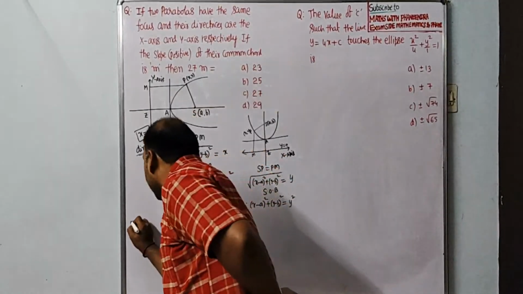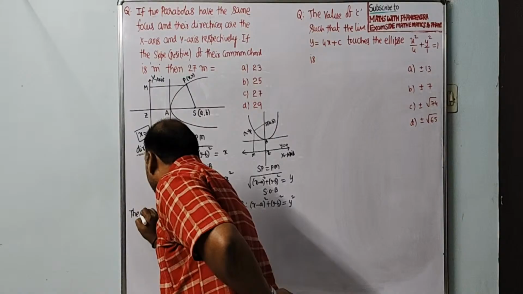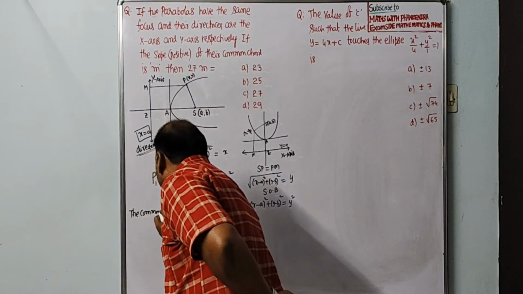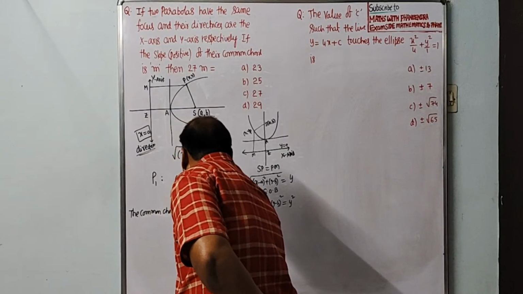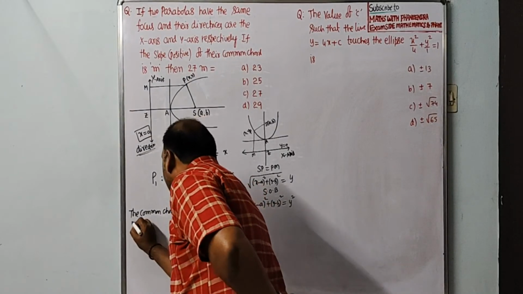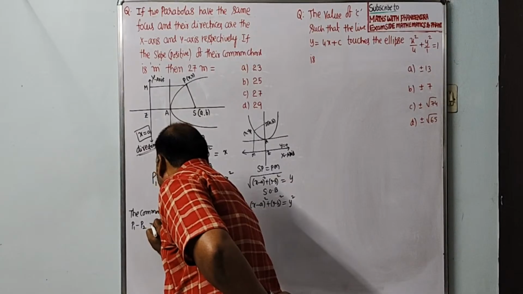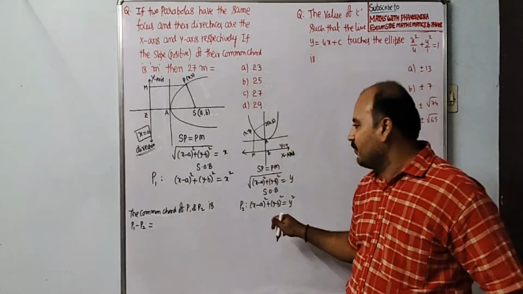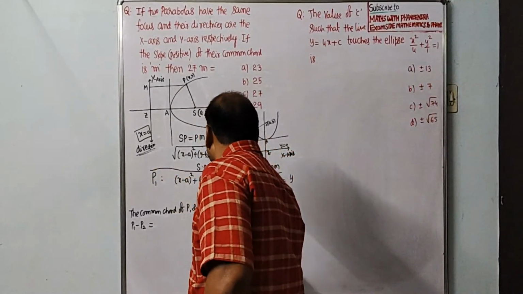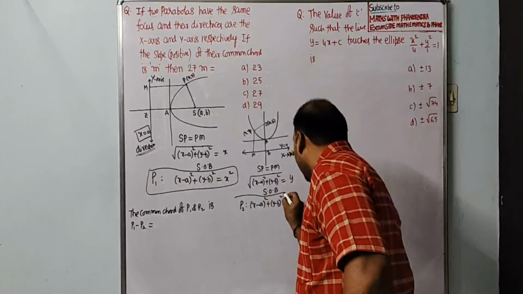The common chord of P1 and P2 is P1 minus P2.